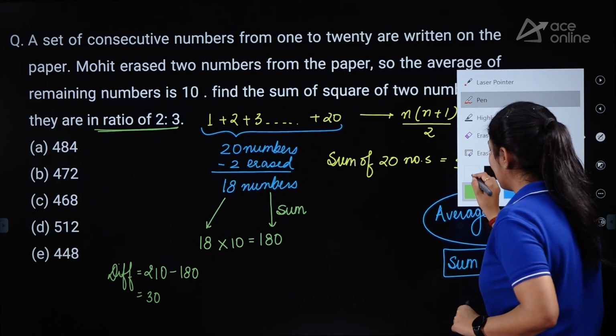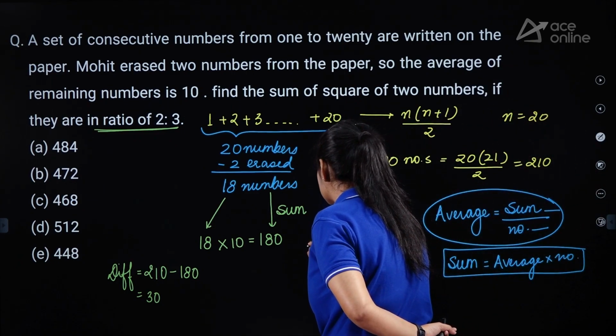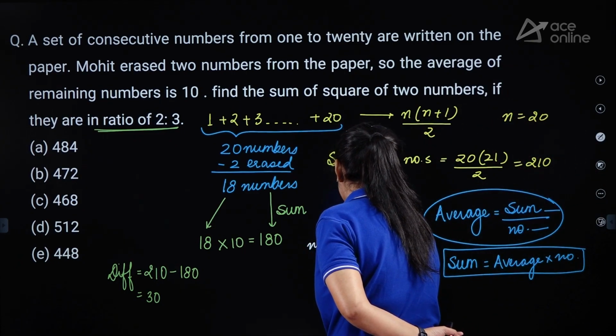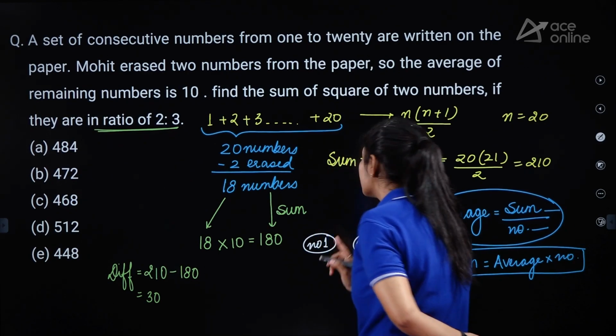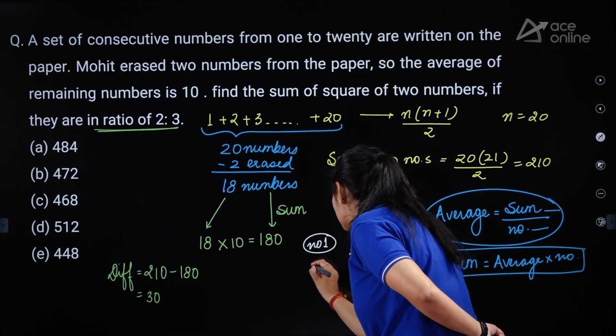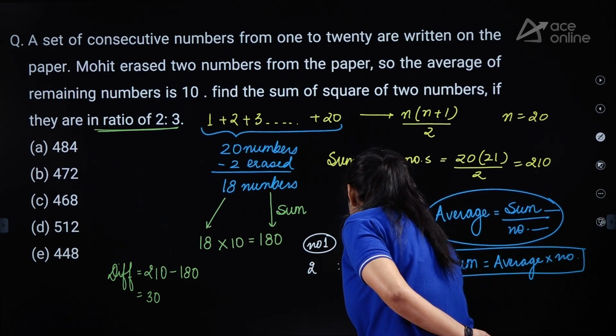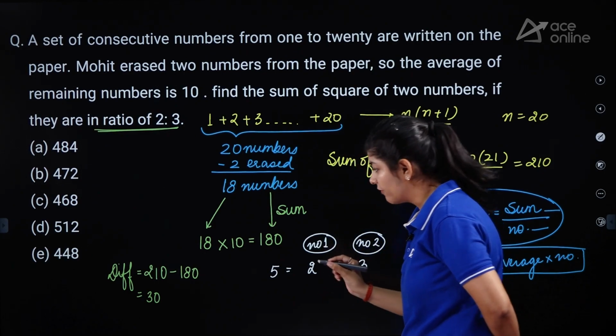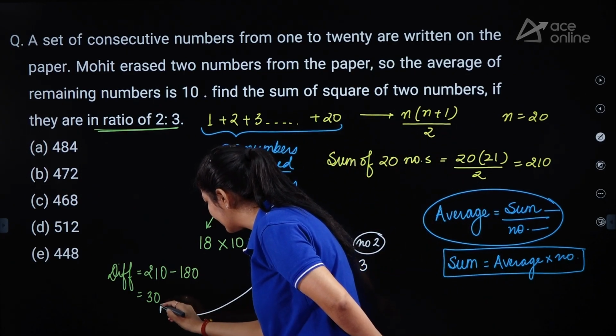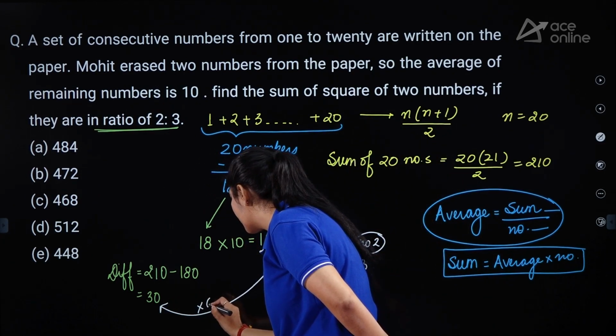So let's suppose this is the number 1 that we erased and this is the number 2, right? The question says that they are in the ratio of 2:3. That means in the combined format, they are on the multiple of 5. But it is actually 30. That means it is present on the multiple of 6.